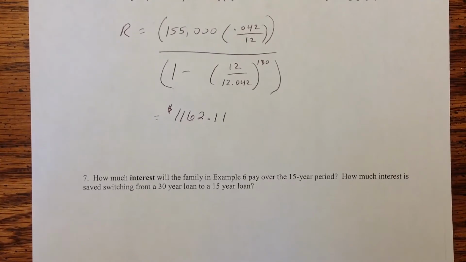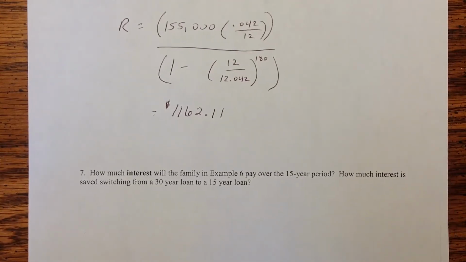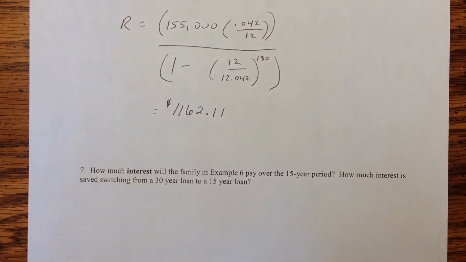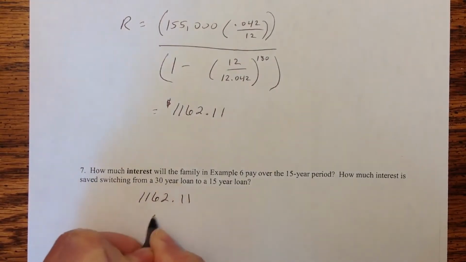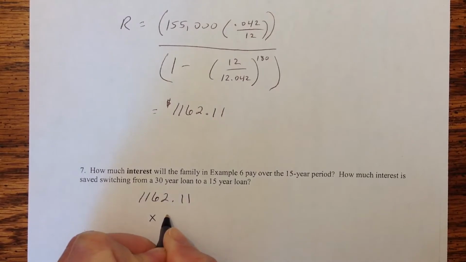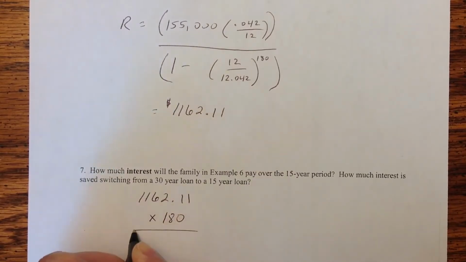So now same question again, how much would be going towards interest? You'll do the same thing. You'll take your monthly payment times how many total times you pay it. So this time that's 180, and you get $209,179.80.